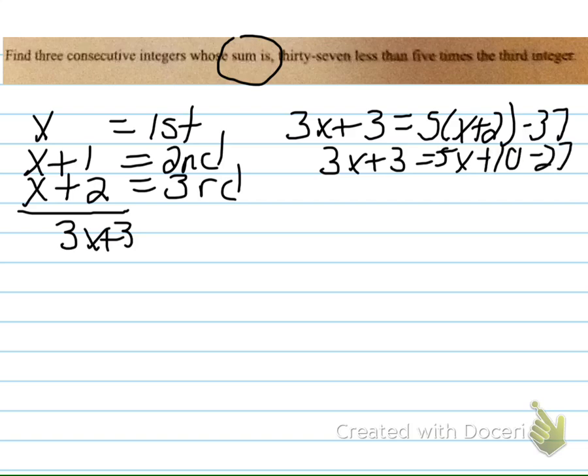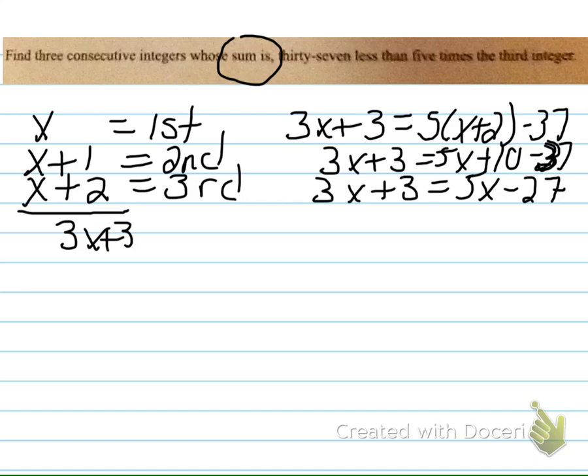We'll do some combining of like terms, and that will give us 3x plus 3 equals 5x minus 27. I subconsciously did the combining of like terms up here. This should have been a 37. It doesn't become 27 until I add the 10 and the negative 37.